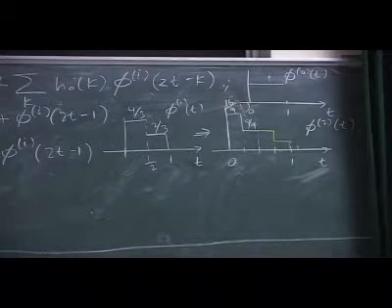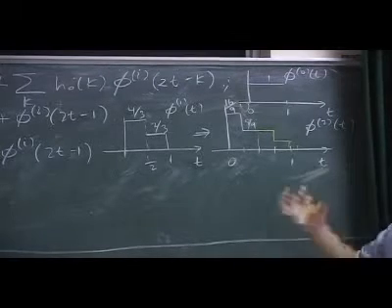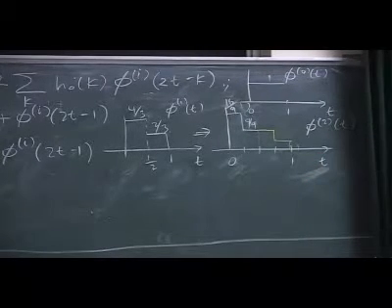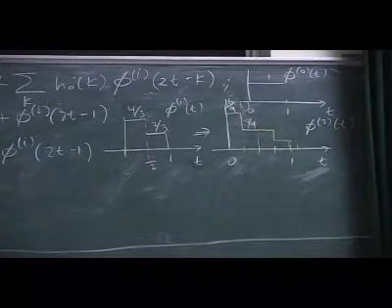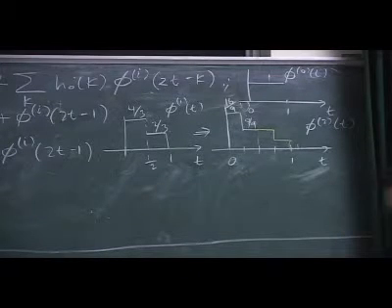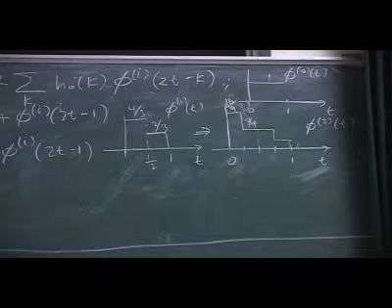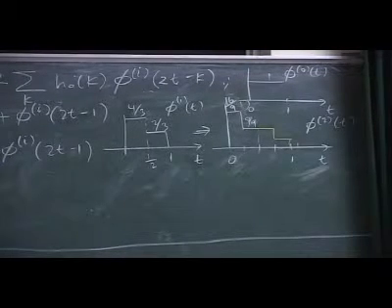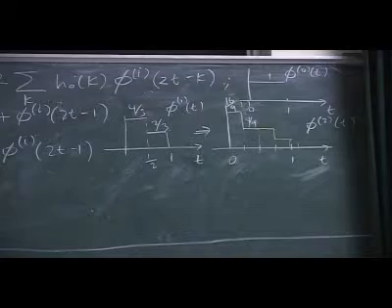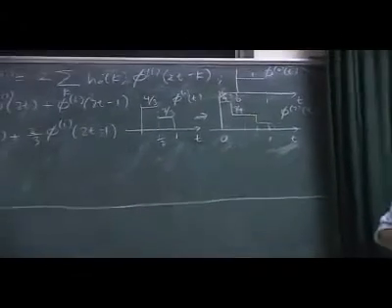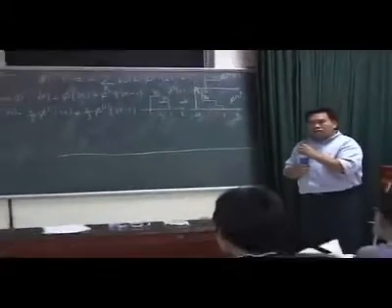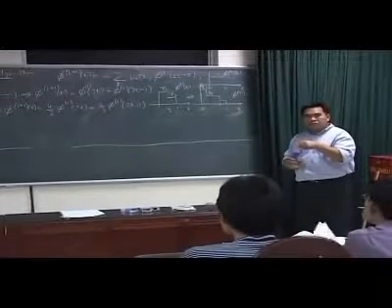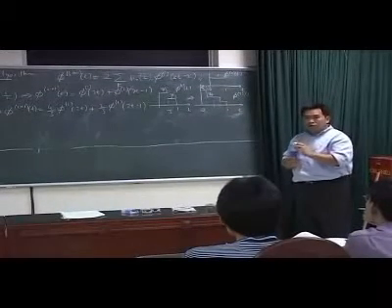Okay? So tell me, if I go to infinity, what kind of curve do you have? What is the limit of this going to infinity? Is it stable? Is it bounded? Who thinks it's bounded? Who thinks it's not bounded? It's not bounded. Why is it not bounded?